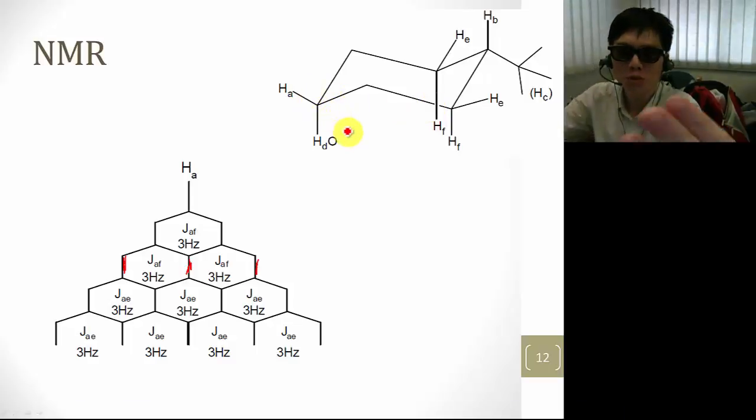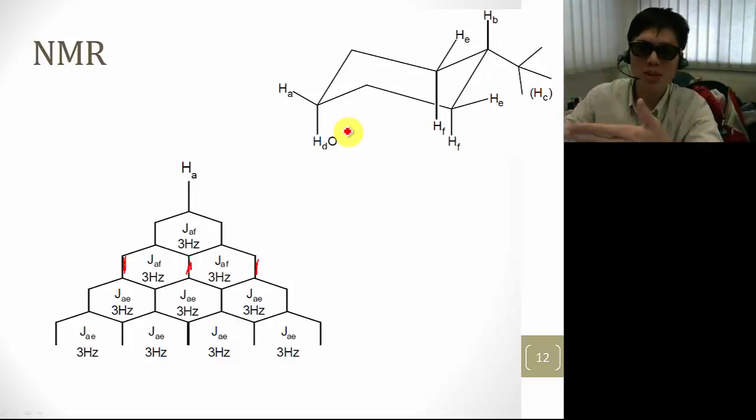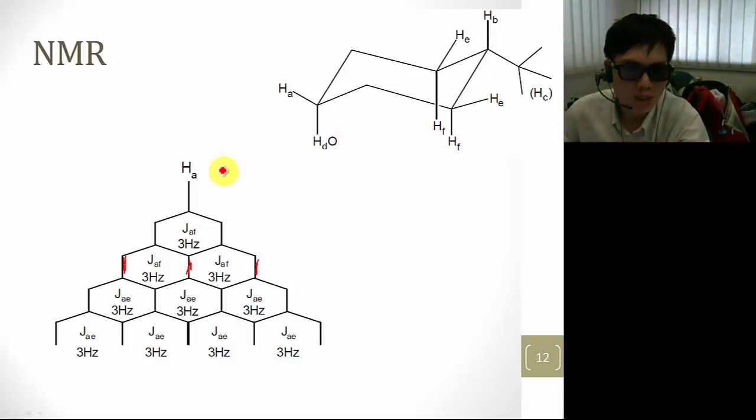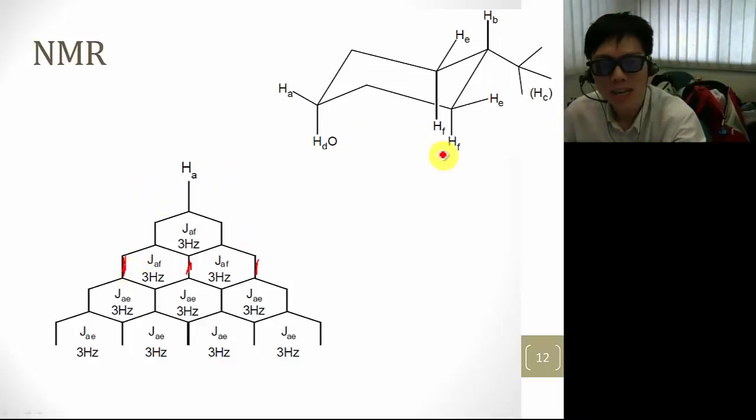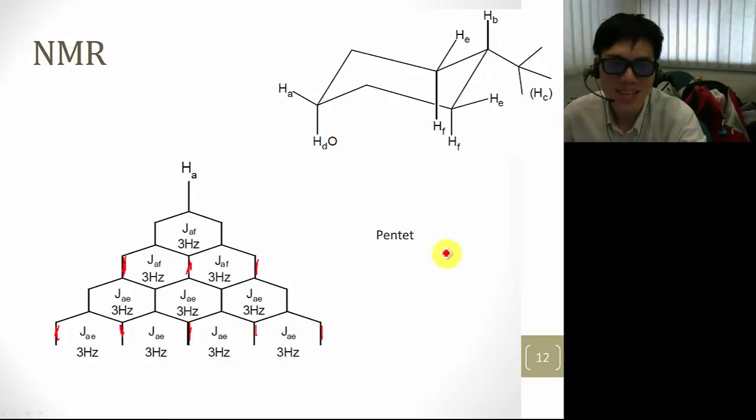If you look from that direction, you see that they have the same coupling constant. That's why when this signal couples with HE again, it splits into another triplet, and they all overlap. So in the end, you will get a pentet instead. 1, 2, 3, 4, 5. That's the signal you will get.